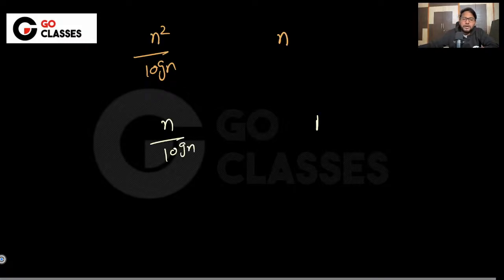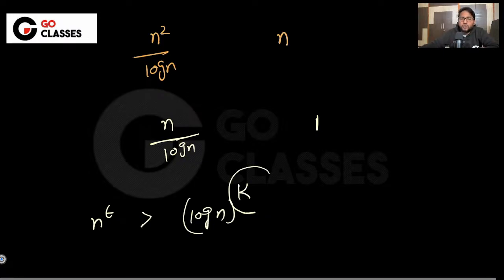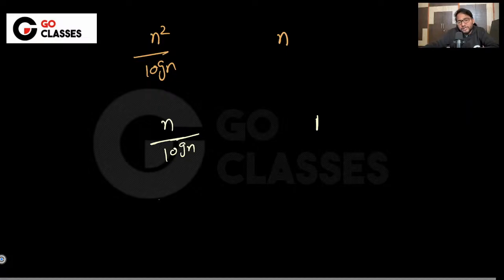This is 1. In the previous video also I told you that in this n upon log n, n to the power epsilon is far greater than log n to the power anything, even if that is 10,000, 10 crore, 10 lakh or whatever. So n to the power any positive power greater than 0 is far greater than log n.